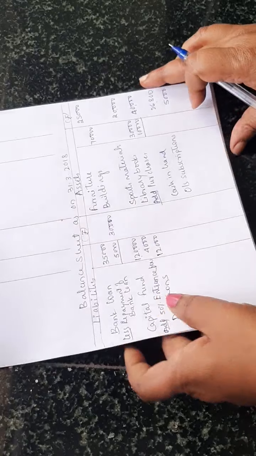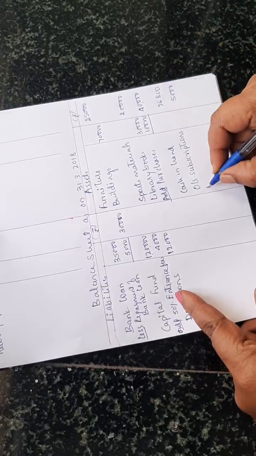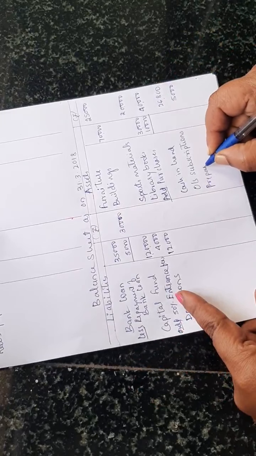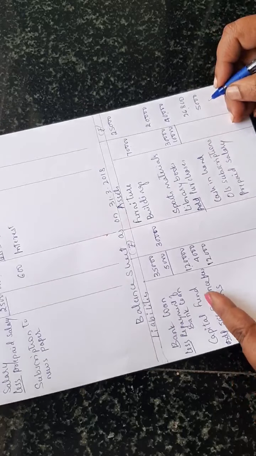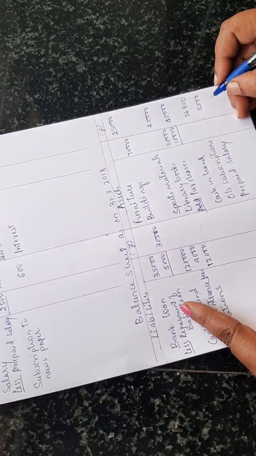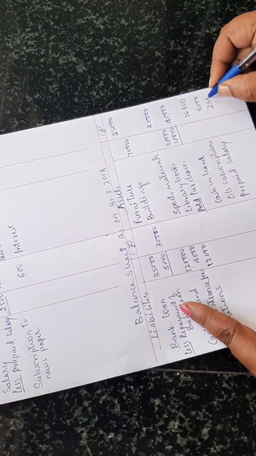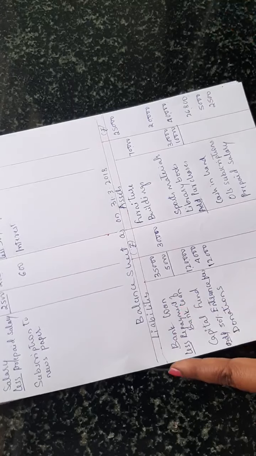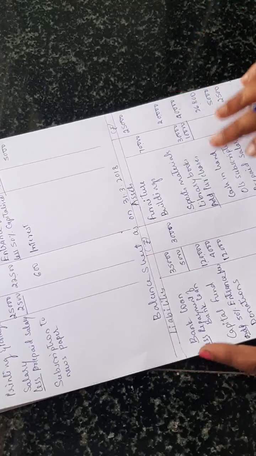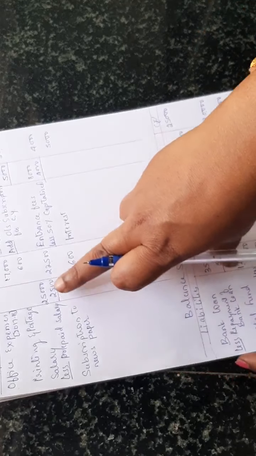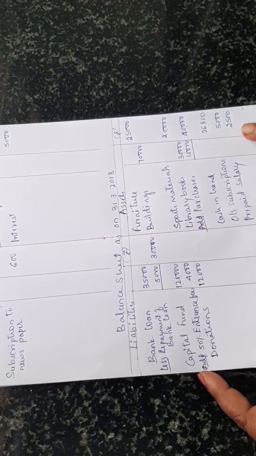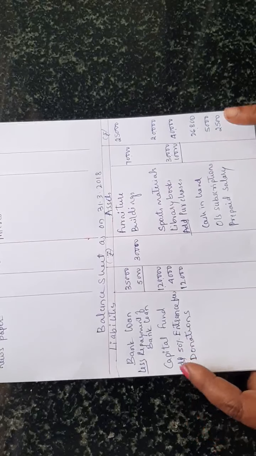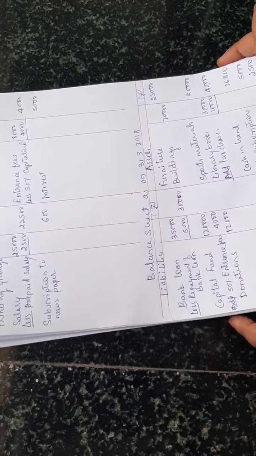Then prepaid salary becomes asset or liability? Yes, asset. Prepaid salary, how much, 2,500. For this second adjustment we show twice, once in the income and expenditure account and once in the balance sheet. It is an asset. I hope this is clear.